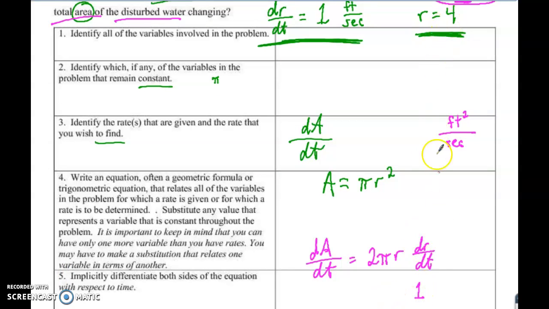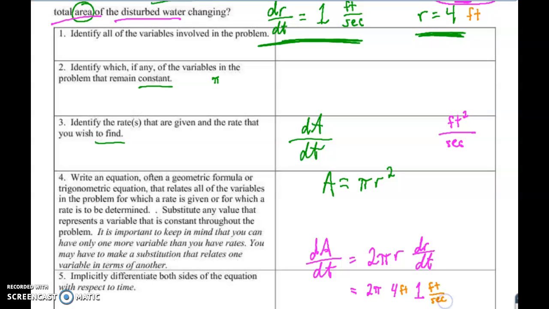We can plug in 4 for r. We still have 2 times pi, and it will equal this. Now let me put the units back in there to help you out. I'm going to go to orange. The radius was measured in 4 feet at that moment, and dr/dt was measured in feet per second.